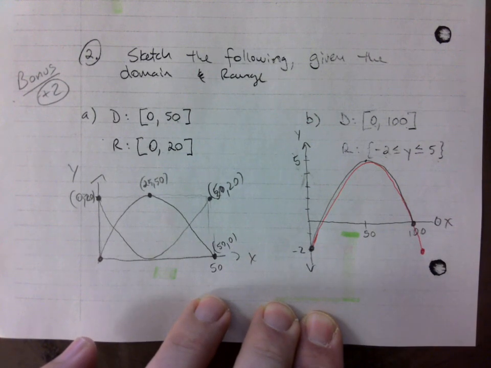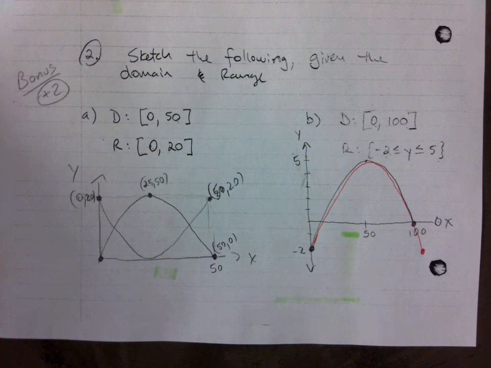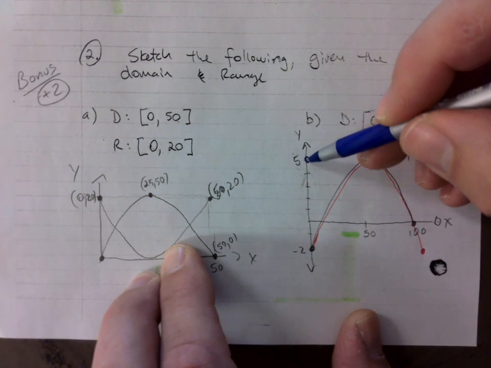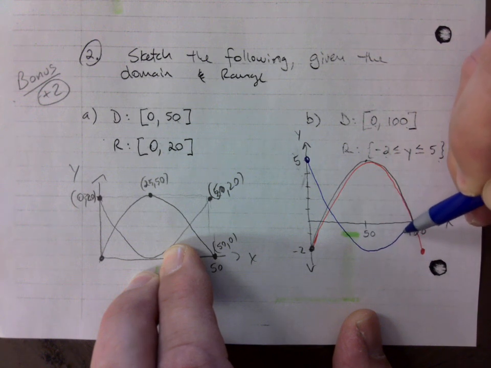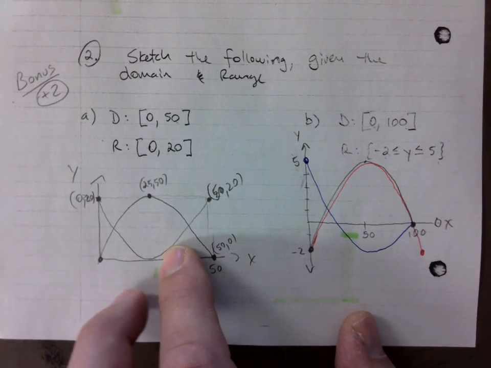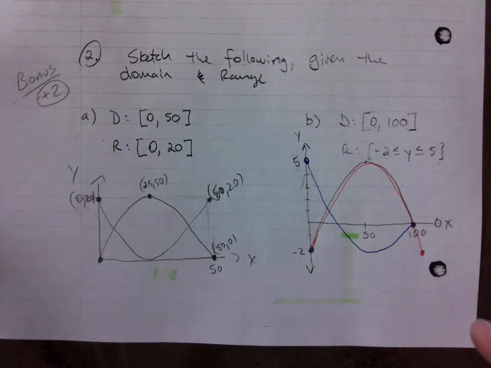That's also fine. Okay. Let me use blue here. Another option would have been to start up at 5, go as low as -2, and then either stop there or continue back to 5. It doesn't matter. Regardless of how you did it, you would have stayed within these parameters.